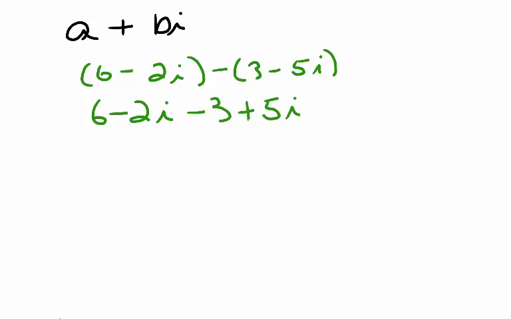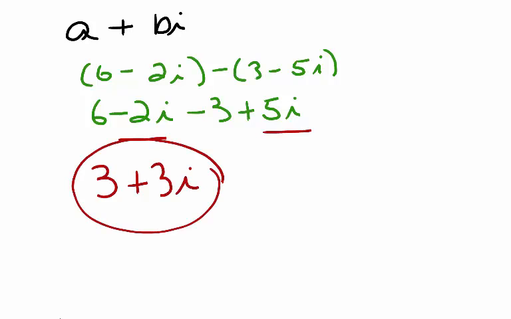Then we would combine like terms, treating our imaginary numbers as like terms. 6 minus 3 equals 3. Negative 2i plus 5i equals plus 3i. And this answer is in the a plus bi format.